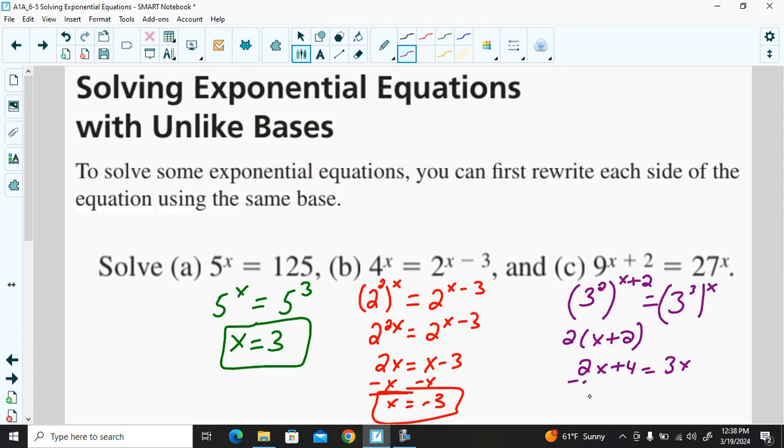Subtract 2x, subtract 2x, we wind up with 4 equal to x.